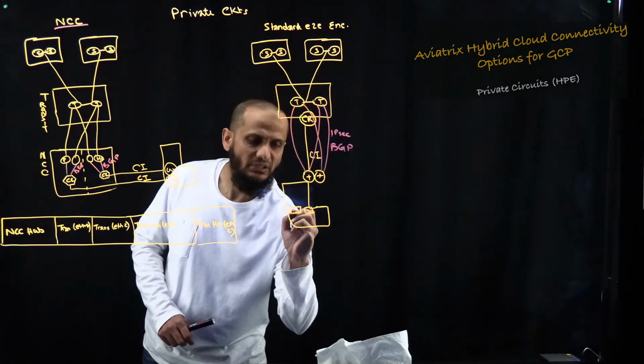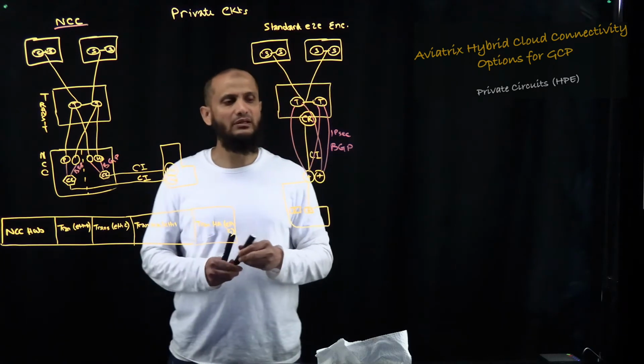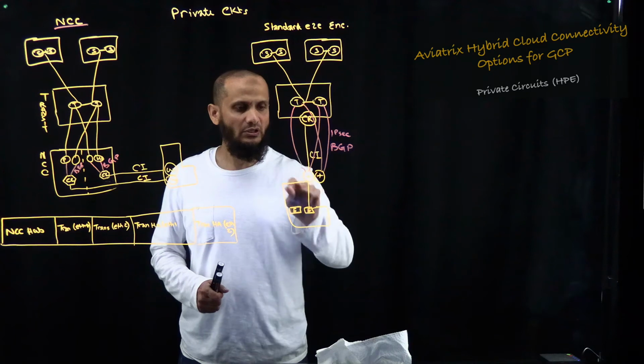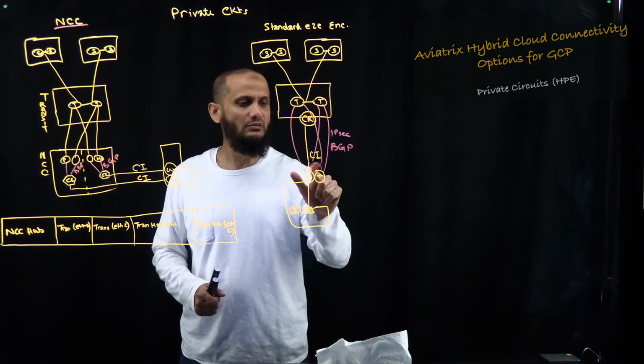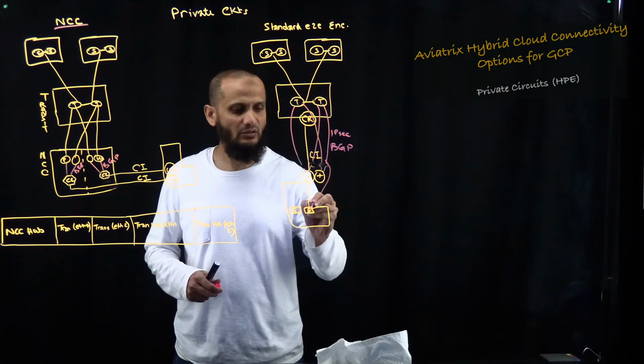So this is going to be Aviatrix Edge, and instead of building the IPsec tunnels with the WAN router, you are going to build these connectivity or tunnels over here to the edge.